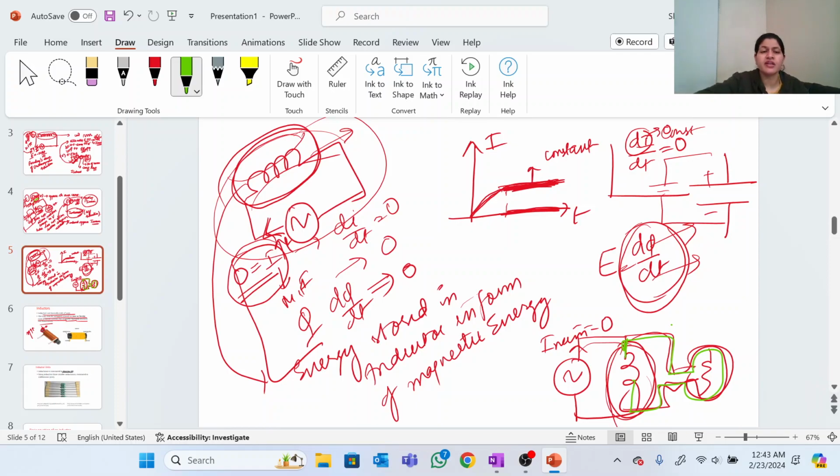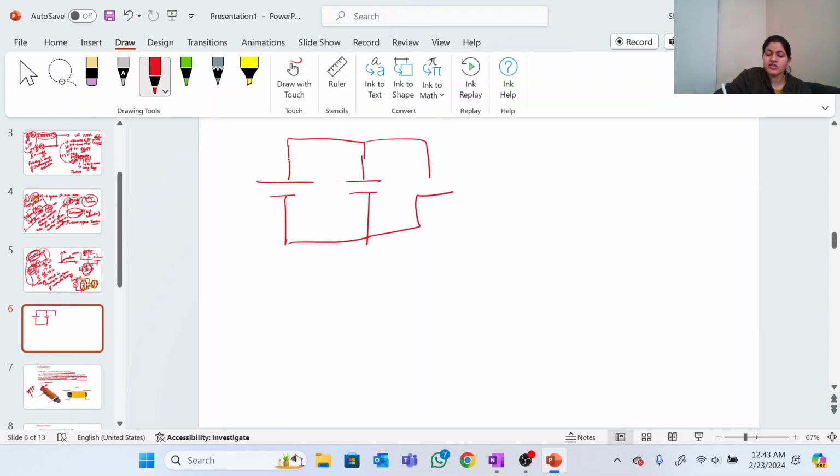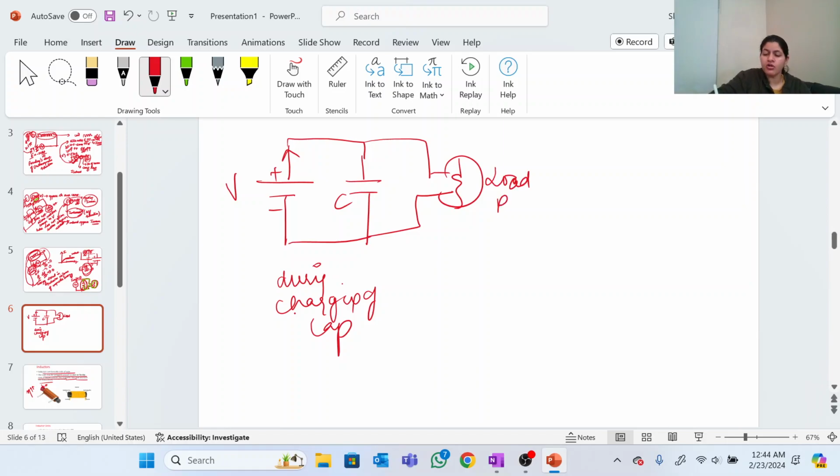One more interesting point here, I'll tell you. So this was the circuit. Let's get back to the capacitor circuit, right? So this was the capacitor and this was a bulb load, or we can also call it an R load. During charging of the capacitor, the current was flowing like this, from the positive of the V supply, through the capacitor, and through the load.